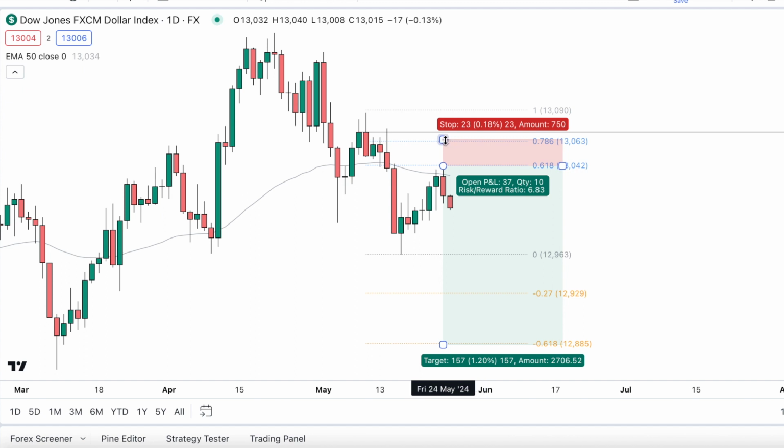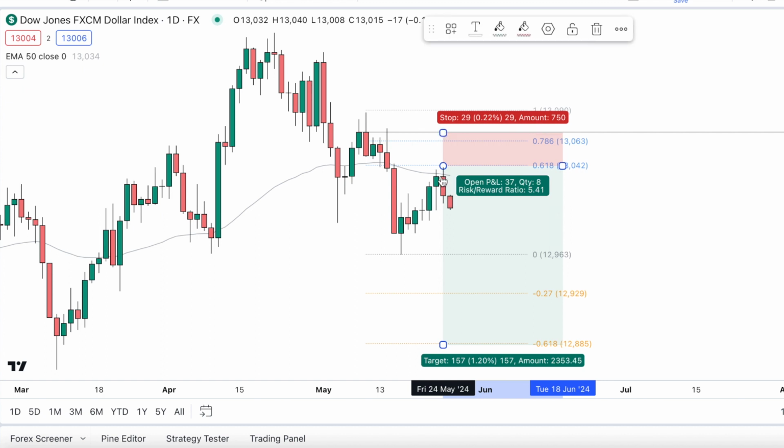We need to allow the trade enough room to breathe. And again, if we stop it at the most recent swing point, price would be well within its own right to push into the most recent swing point and to push into the 78.6. And because they're normally very close together, again, we need to allow the trade enough room to breathe.